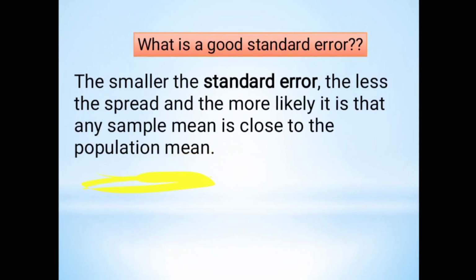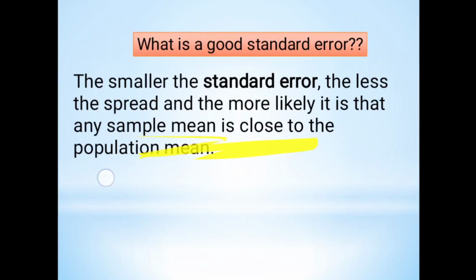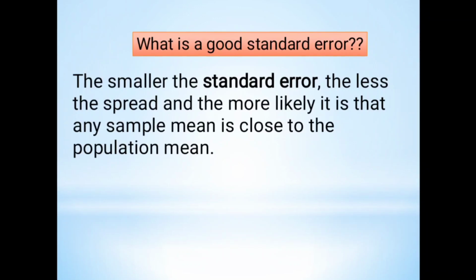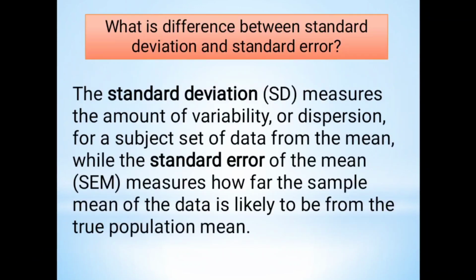Here, if we have a smaller standard error, the distribution is less spread and the sample mean is close to the population mean because we have a large sample size.